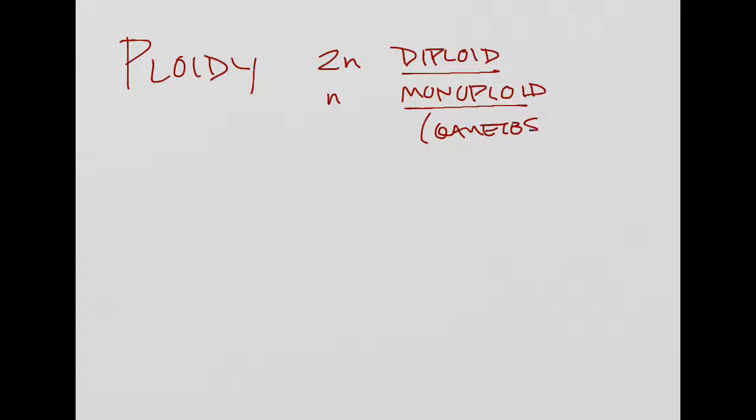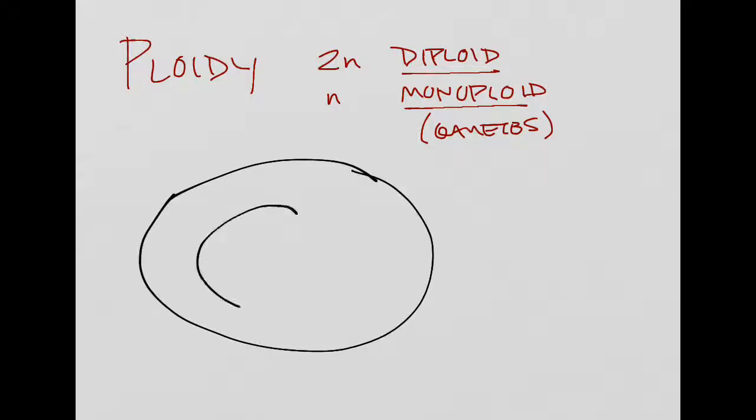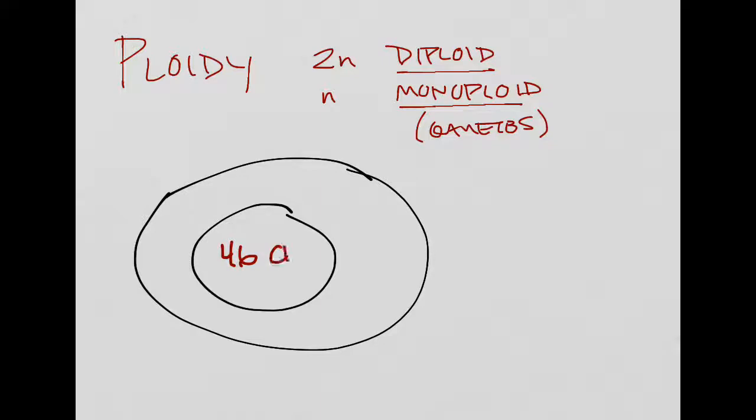Okay? However, there's a situation where sometimes you don't have the right number of chromosomes. Don't forget now that if I were to, let me change the thickness to 2. Let's say I had a cell. And in that cell was a nucleus. And my chromatin consisted of 46 chromosomes, 46 CHRs. Okay?